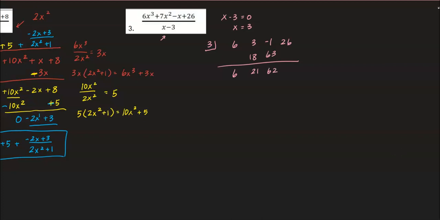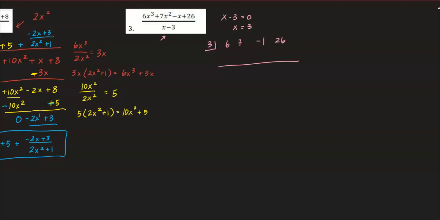And wait a second. Oh, I made a mistake. I don't know where that 3 came from. 7, -1, and 26.